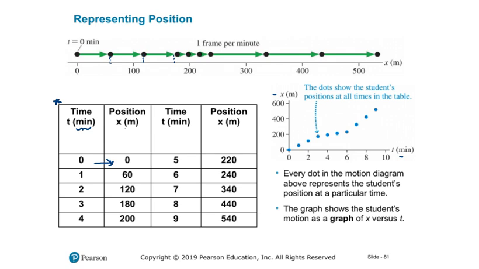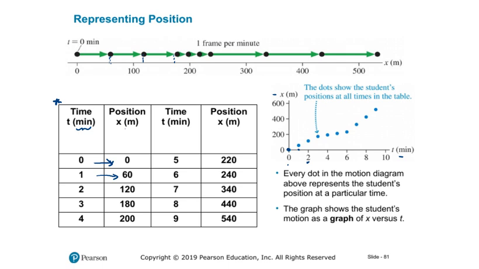At t equal to 0, x is 0. So for a graph of position x versus time t, we draw our axis lines. We take x as the vertical line, t as the horizontal line. And we know at t equal to 0, position is 0, so we put a dot there. At t equal to 1, position is 60, so we go to t equal to 1, somewhere here, right in the middle.